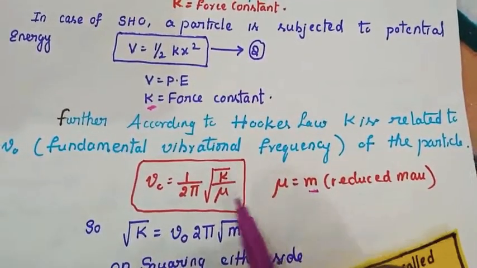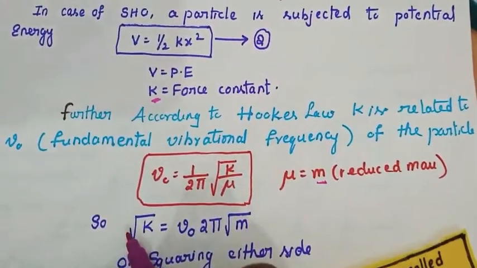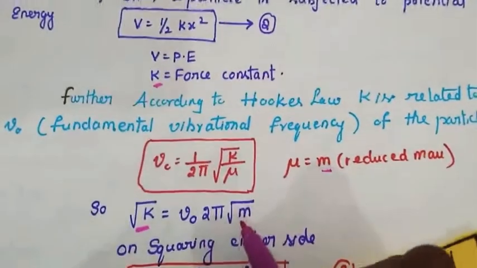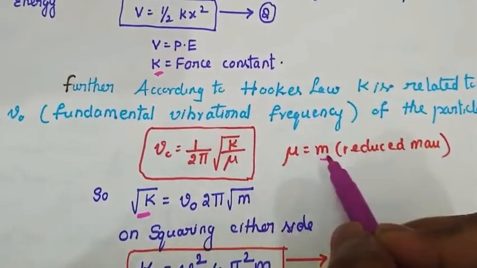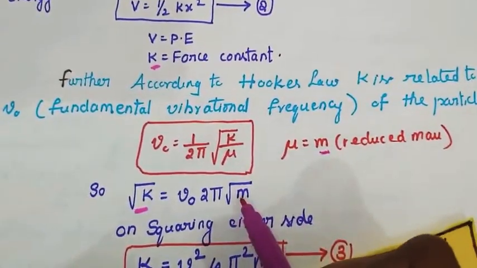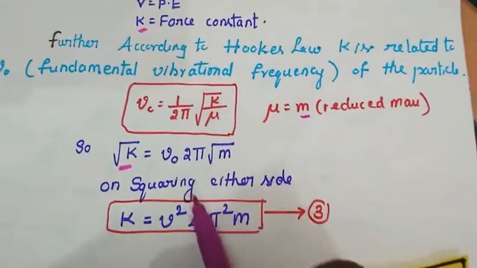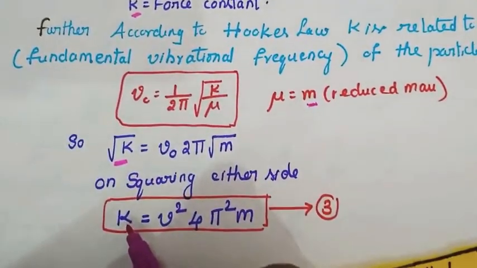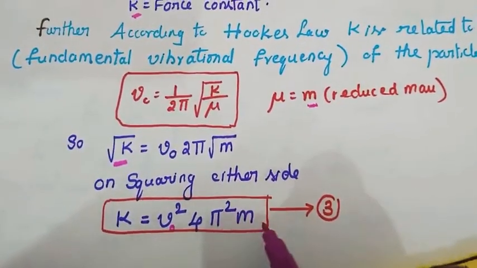From this equation we can also derive root K, that means the force constant value, which can be written as nu naught 2 pi root m. Here under root, m is considered the reduced mass. You can also write mu. Just squaring on either side, you get the force constant as K equals nu naught square 4 pi square m.